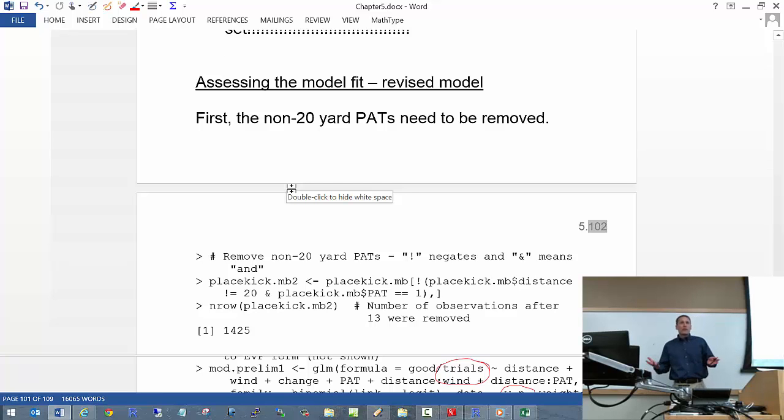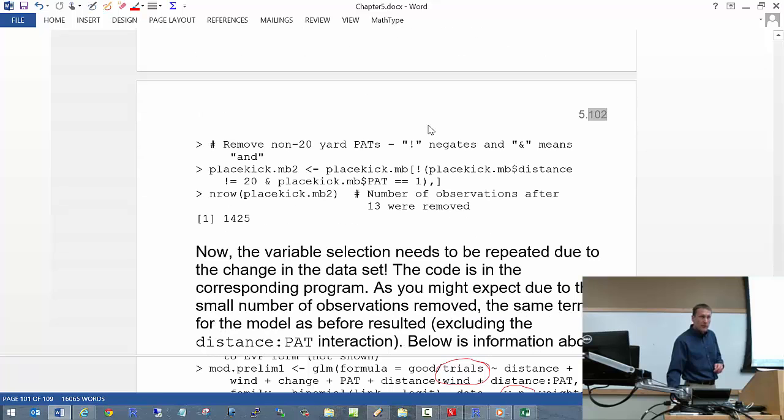So, how do I remove these non-20-yard PATs? It can be a little bit tricky if you're new to R, or if you maybe didn't have experience outside this class. If you're familiar with SAS, it takes a little bit of time to understand fully how to work with data sets.